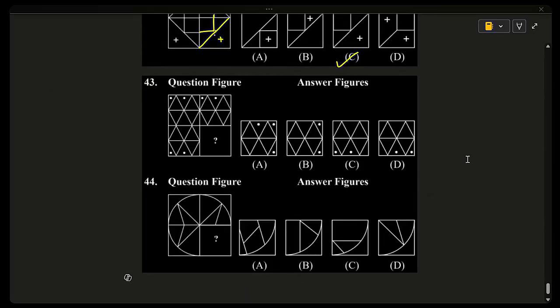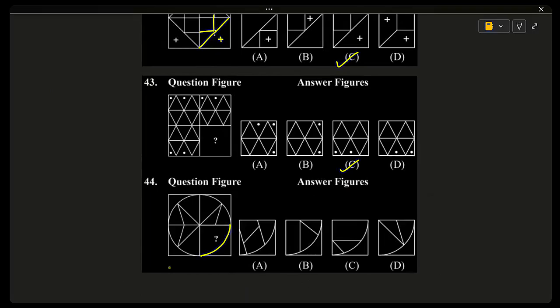43 and 44. 43. So here the dots are in the same position and they are to the left, and here also we want the dots to be on the left position, that is available in option C, and the complete pattern should be the same, so that is there in option C. Or else you can see that this is like a water image, and for this you can find the water image, then it will be completely fitting into that. 44. 44 is going to be, you try to complete the pattern.